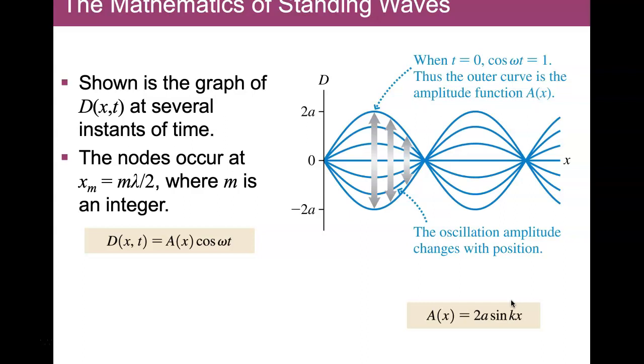We also see from this expression that the nodes don't change, right? Because ultimately your D of x and t factorizes into a function of position and a function of time. If the function of position has some places where it's 0, which is here, these nodes, then that 0 at every time multiplies some function of time and it remains 0.